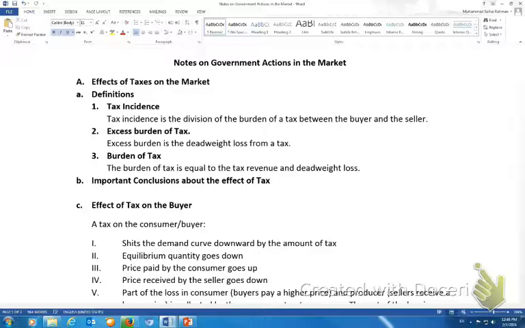So mainly our question is going to be whether these kinds of policy interventions make market outcomes inefficient. Does it create any kind of inefficiency which without the government intervention would not be present?